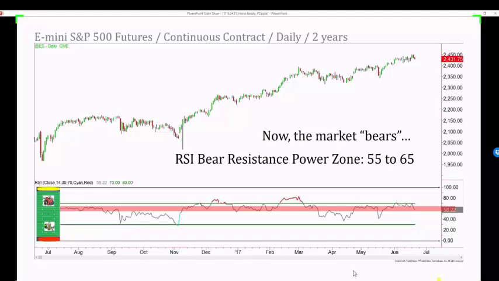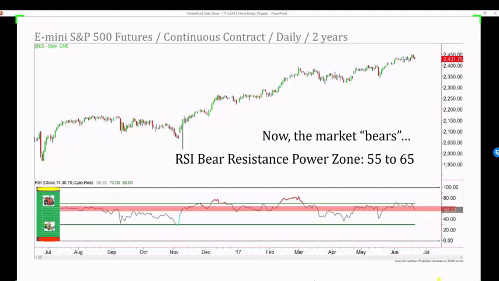So this is where you can start to take your paper and pen back. If your hands are still crossed behind your head, I'm flattered that you found this so relaxing and engaging, but it's time to get to work again. Take your pen and paper and put this down. RSI power zone. Bear resistance, 55 to 65. This 0 to 100 has not changed. The 14-day setting has not changed.